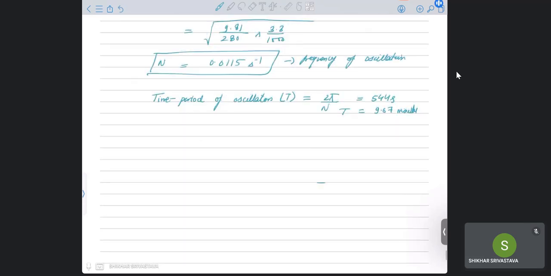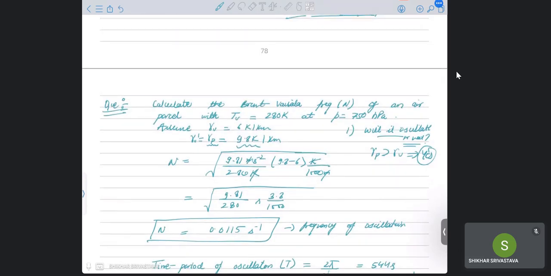That means if you have some air parcel at the 750 hectopascal level, with virtual temperature 280 Kelvin, and you displace it about its mean position, it will keep oscillating about this mean level with this frequency, and the time period will be 9.07 minutes. So one complete oscillation will take around 9 minutes.